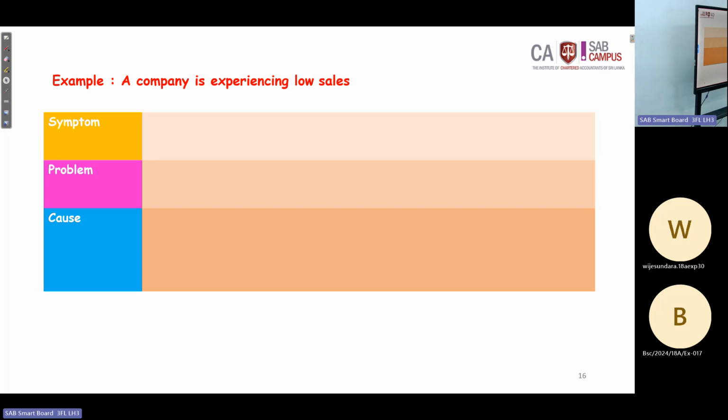Okay, so we may have a lot of damaged products. Good. The problem is reduction in the quality of the product. Or this may be the non-compliance of the standard when we are producing the product. Okay, right.